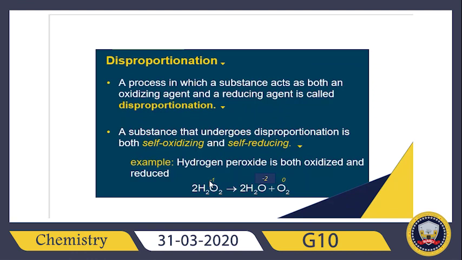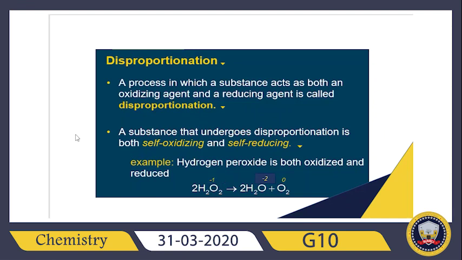The oxidation number went from -1 to 0. So the oxidation number of these oxygen atoms increases from -1 to 0, while the oxygen atoms that become part of the water molecule are reduced, because as we can see here, the oxidation number went from -1 to -2, so the oxidation number actually decreased.